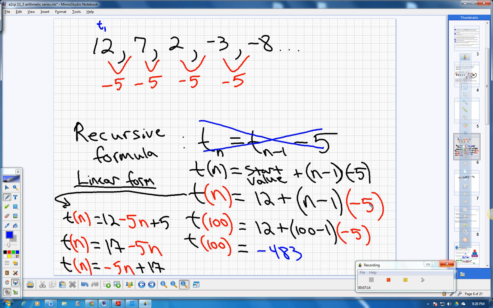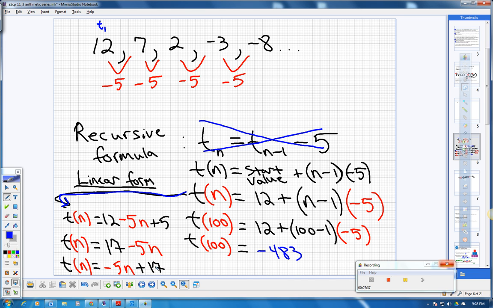negative 5. So after I run that through, and I kind of test it out here, t at 100. After I run that through, so I'm going right over here now. I know the order might be kind of messed up. I get that is the same as negative 5n plus 17.